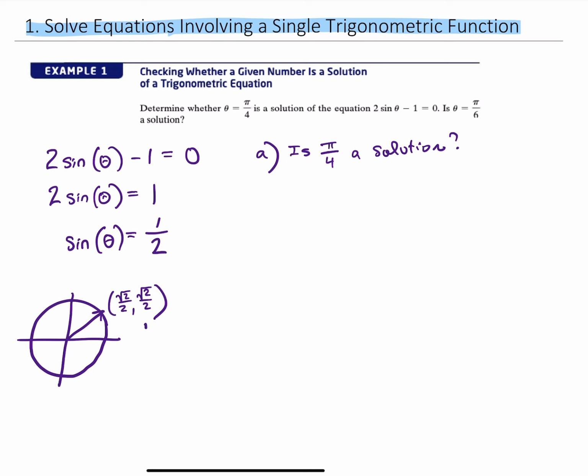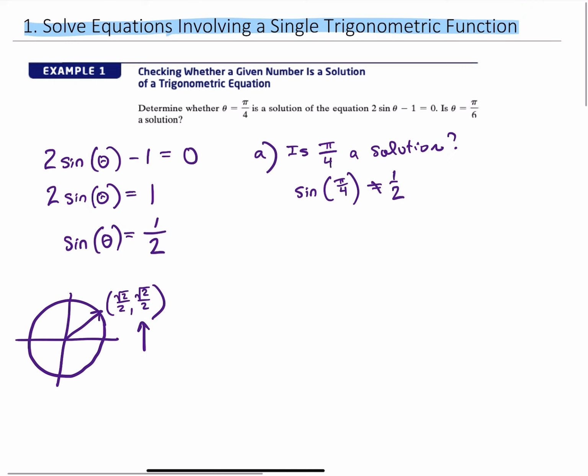So this has a sine value of root 2 over 2. So the sine of pi over 4 is not equal to 1/2. It does not solve this equation. It doesn't make that statement true. So we'd have to say no, pi over 4 is not a solution.